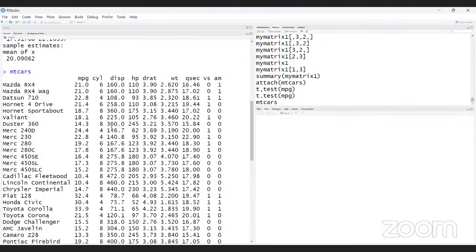Now here you can find out the metric data, that is MPG, DISP, HP, DRAT, WT, and QSEC. Okay, so these are the data. These data are basically the metric data.